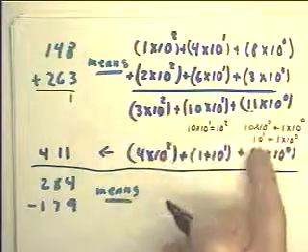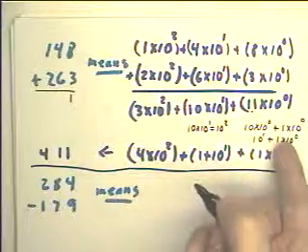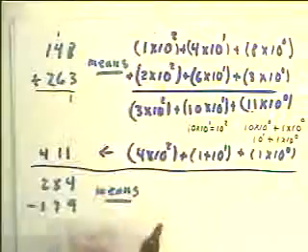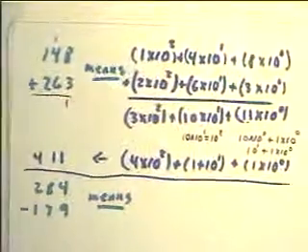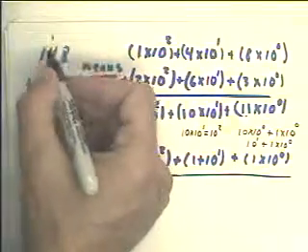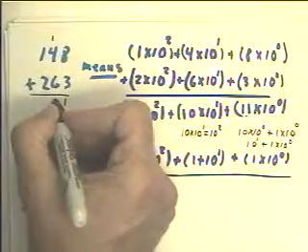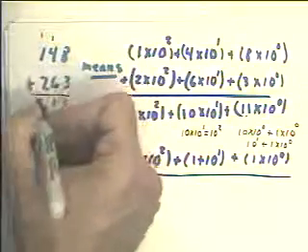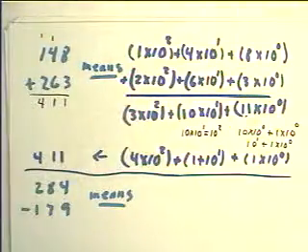And remember, we regrouped this into a 10 to the 1 plus 1 times 10 to the 0. What do we do with the usual algorithm? Well, we put a 1 up here. We carry the 1. And when we add then the 1 and the 4 and the 6, we end up with 11. And we carry another 1, and we add these up, and we end up with 411.